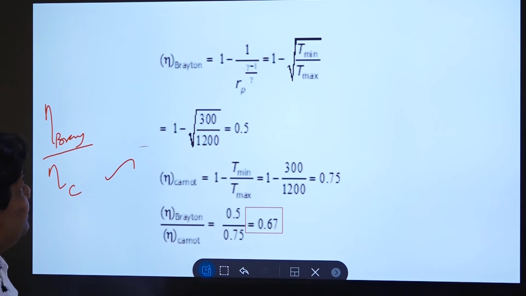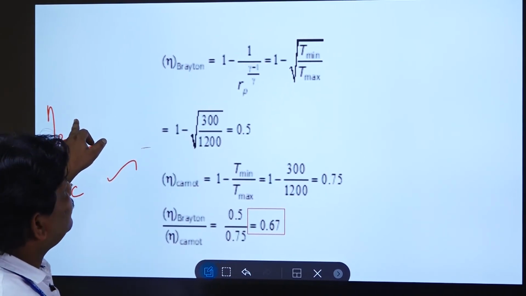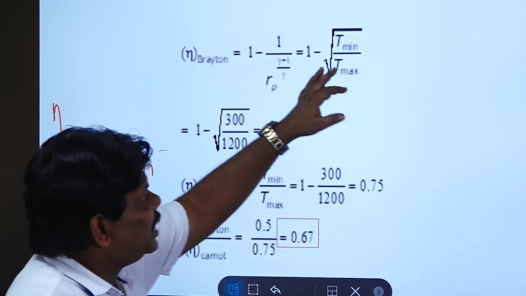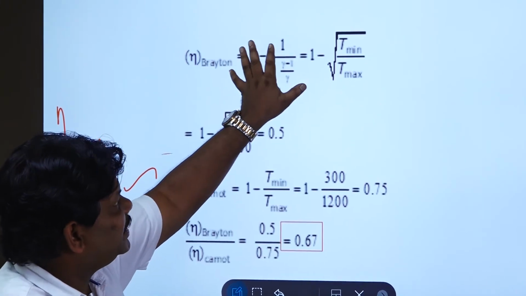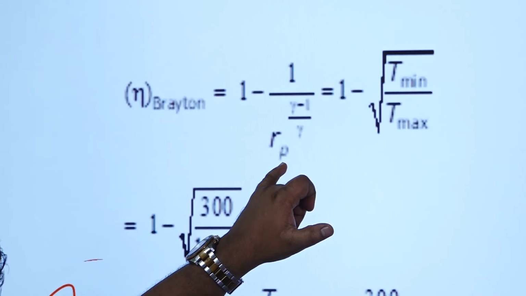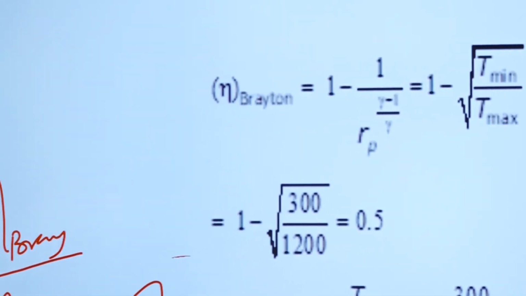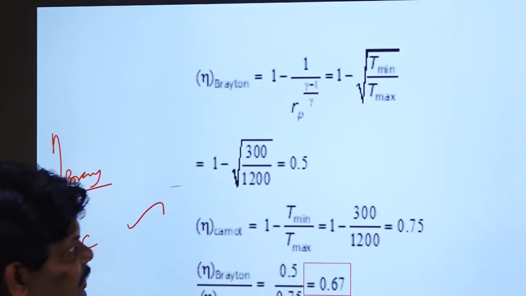Otherwise, if you know the maximum and minimum temperature, you may not use the same formulas as given here. Even for the pressure ratio, you can go for the temperatures that are given to you, but anyhow it will take a longer time.